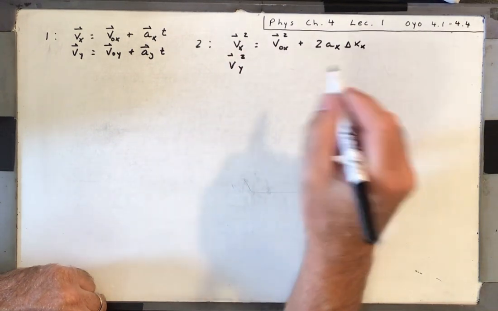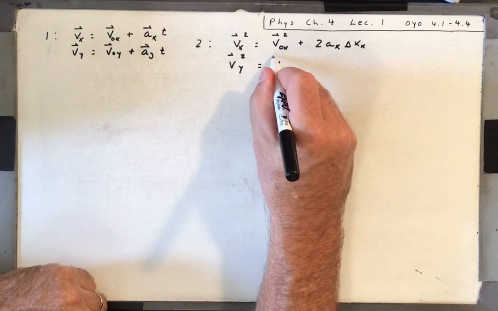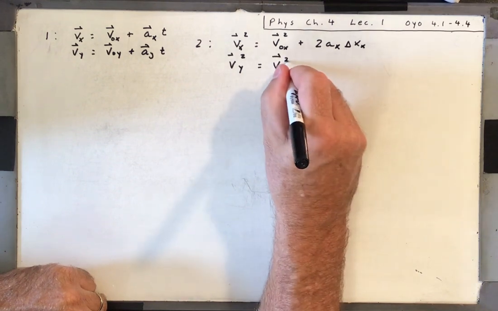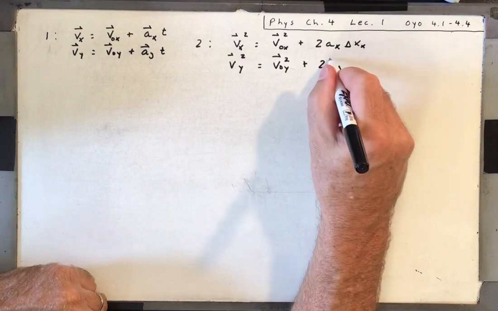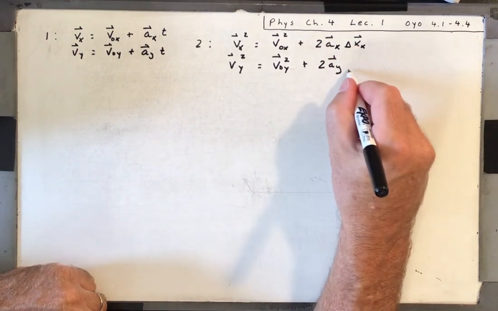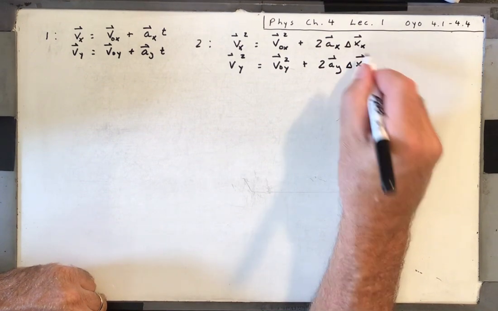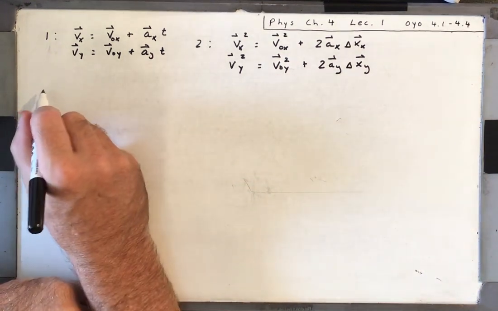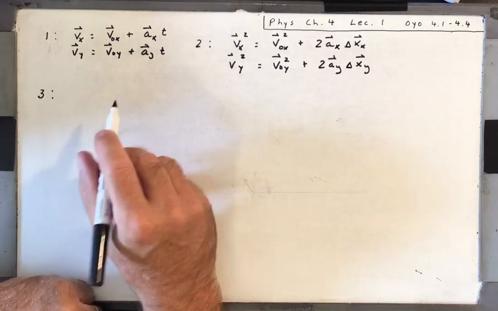So final velocity in the y direction squared is equal to the initial velocity, v sub oy, all squared, plus 2 times a sub y times delta y, displacement in the y direction. So it looks fancy, but it's just the same, and we're just going to break our problems into x and y and do our analysis.